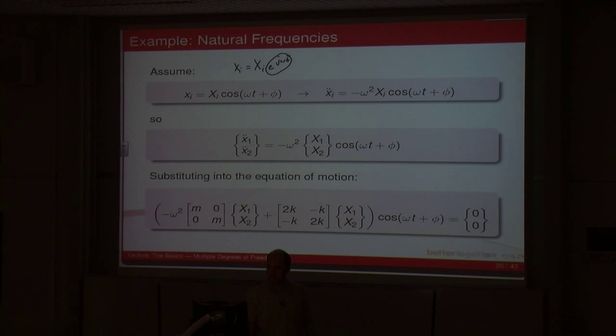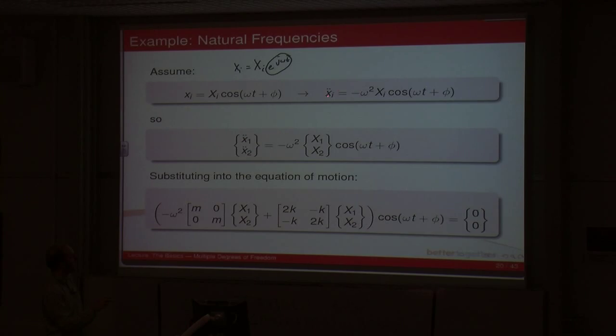So you can make the same substitution and you get the same thing happening: when you have the x double dot, you have a minus omega squared come out front. That's what I've done in the notes. This here is what I've done on the slides. It's the same thing, it doesn't matter. So on the slides we've got this. Okay, you plug it into the equation, you end up getting this as your equation.